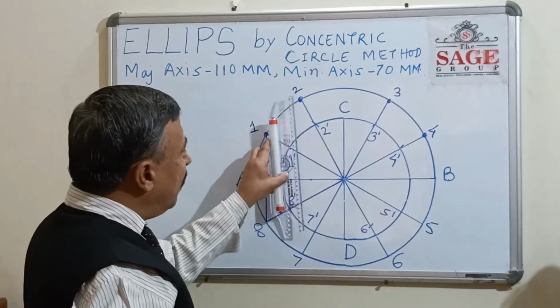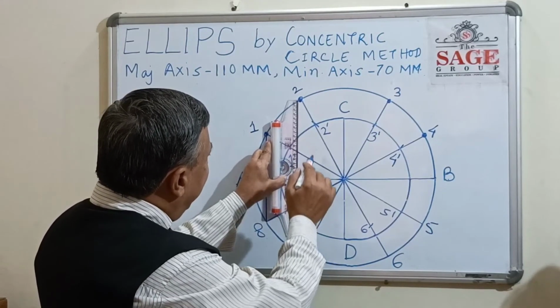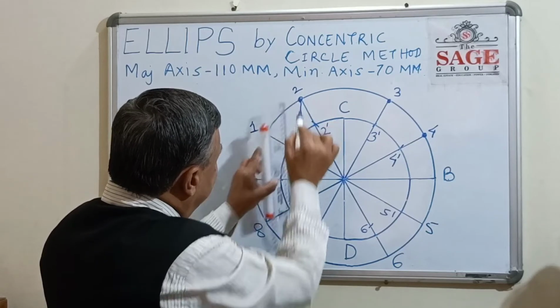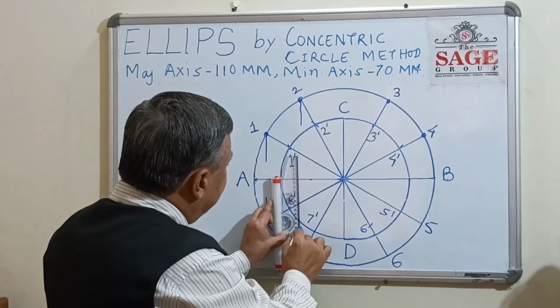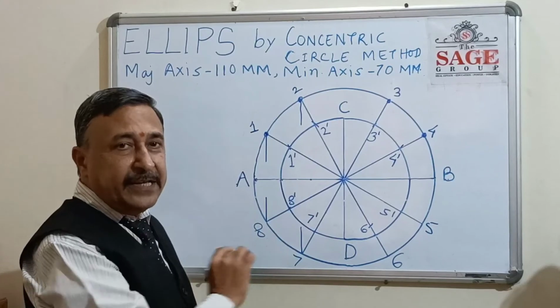Then from 2 and 7 in one stroke, that is downward direction and upward direction.